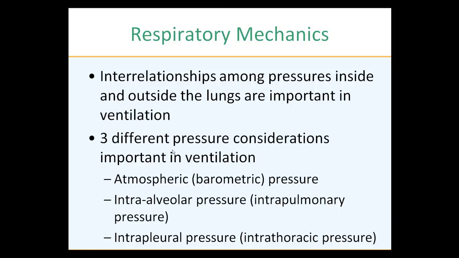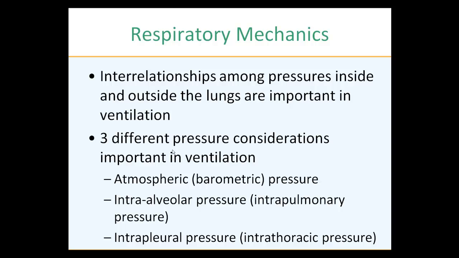Okay, so we need to understand certain things about the physics or the mechanics of respiration in the lung. We have three pressures that we always refer to: the atmospheric pressure, which is equivalent to about 760, and the intraalveolar pressure, which depends on whether you are in the process of inspiration or expiration, fluctuating a little bit up or a little bit down. And you will notice that it doesn't take much effort for you to breathe.